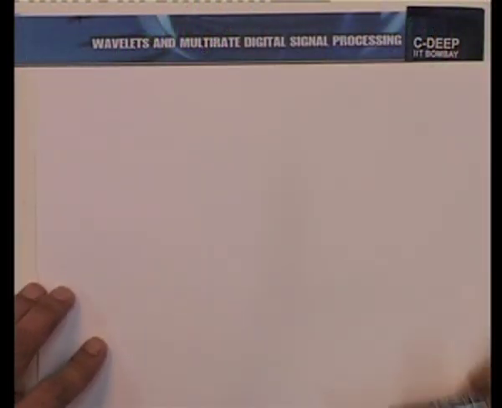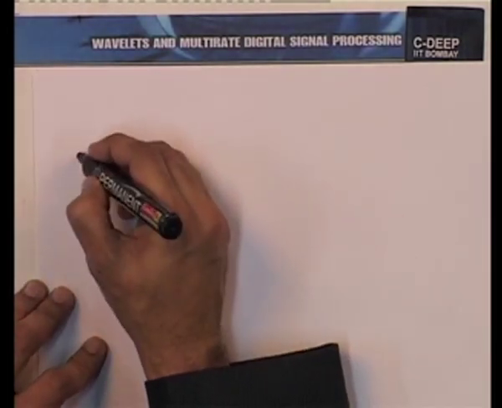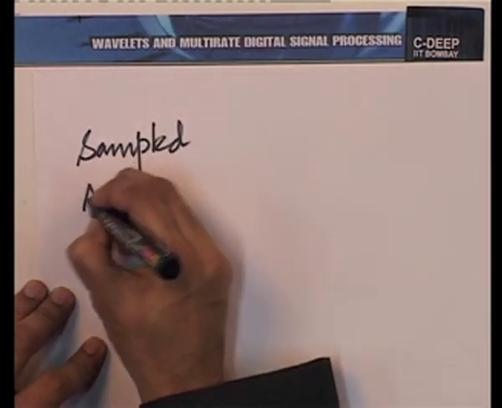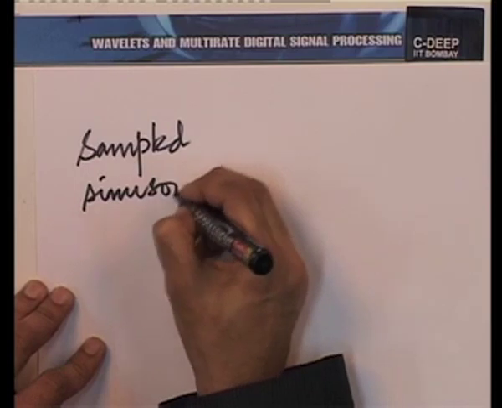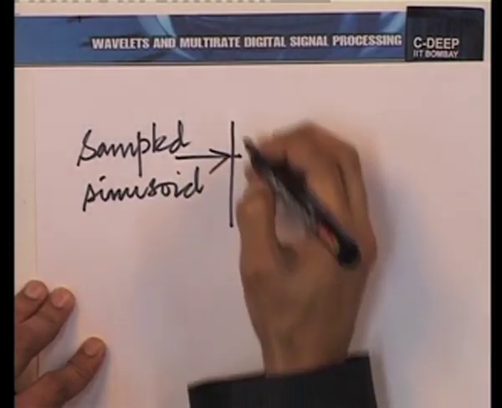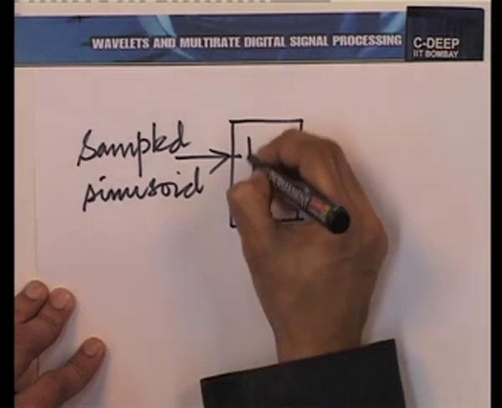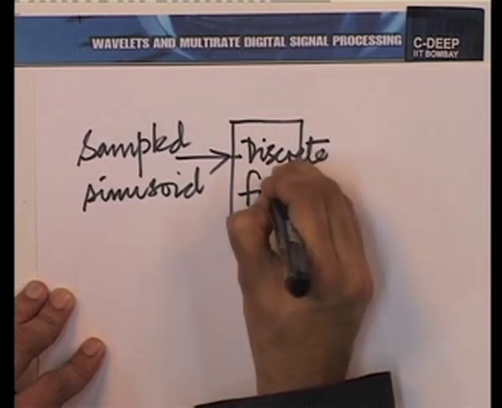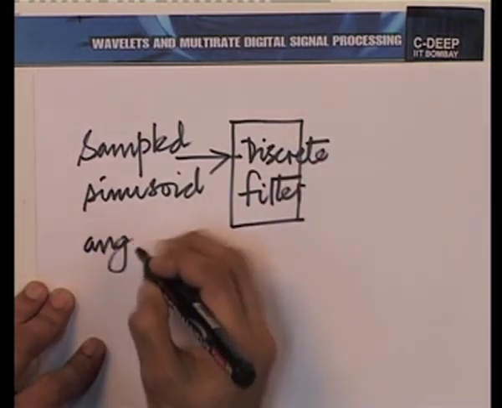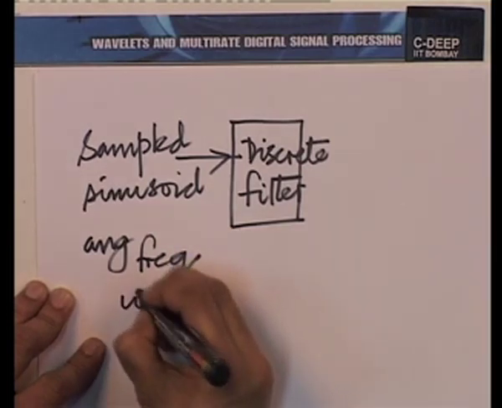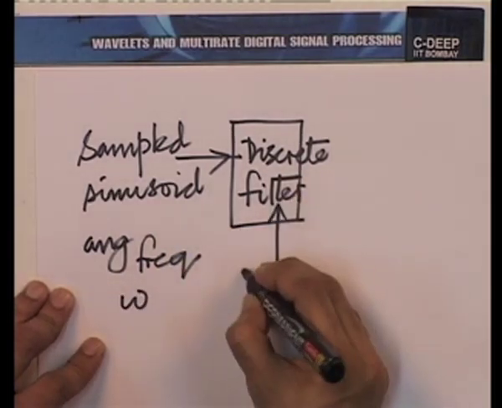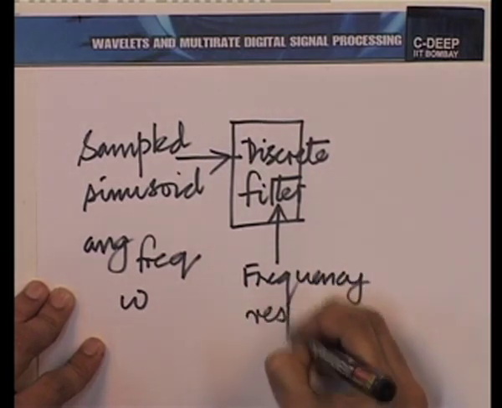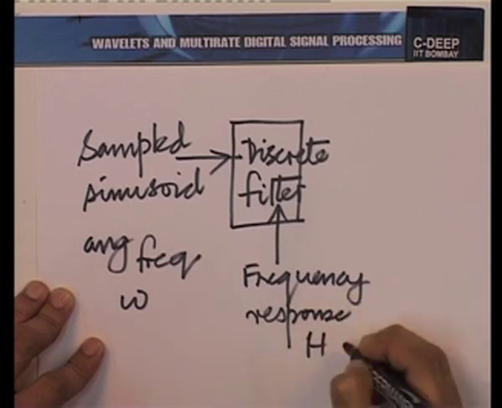So, recall that if you give a sampled sinusoid to a discrete time filter, let us say the angular frequency is omega and the frequency response here is h of omega.